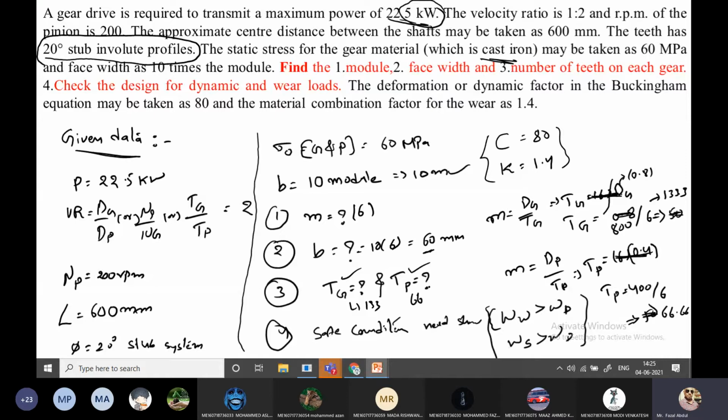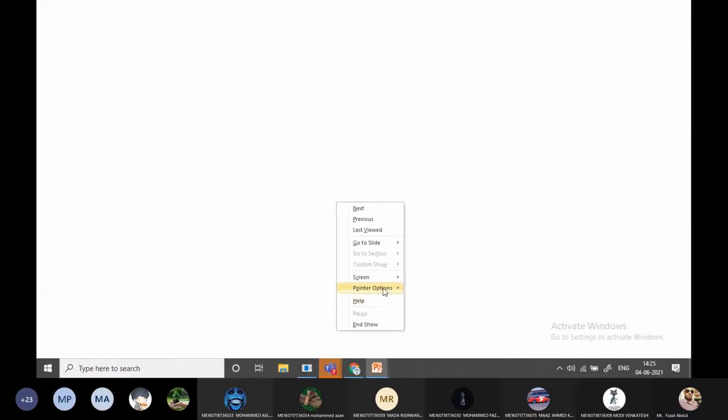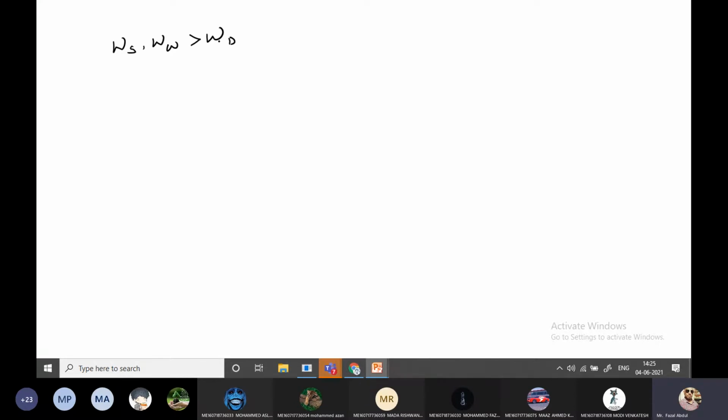To show it is a safe condition, the condition for the safe value is that the static load and wear load should be greater than the dynamic load.